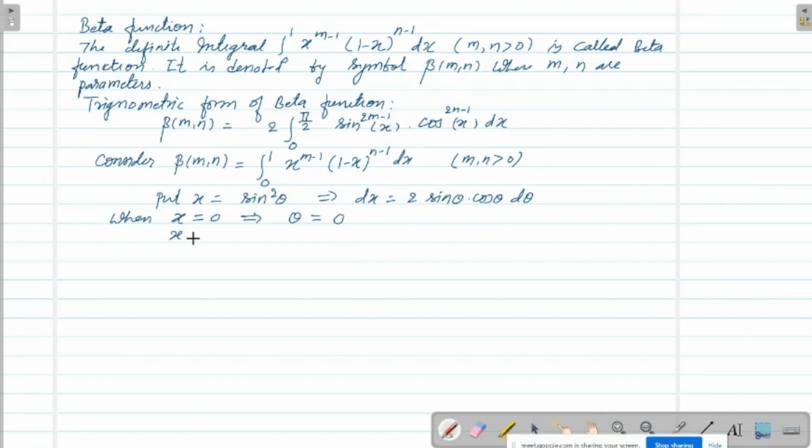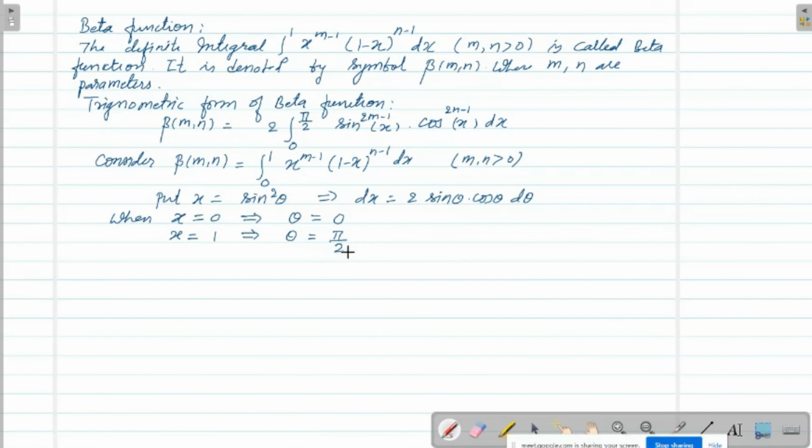And when x equal to 1, this gives theta equal to, which value of sine gives 1? That is pi by 2. Okay. So when x equal to 1, then theta will be pi by 2.